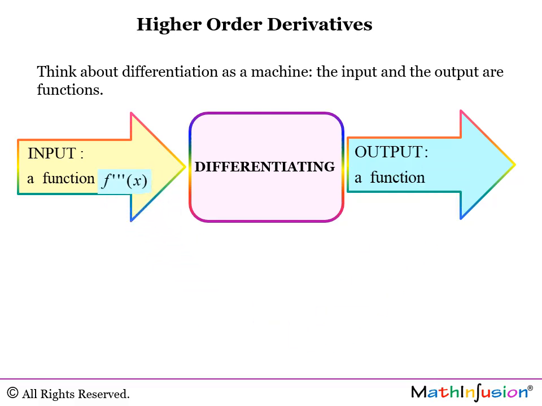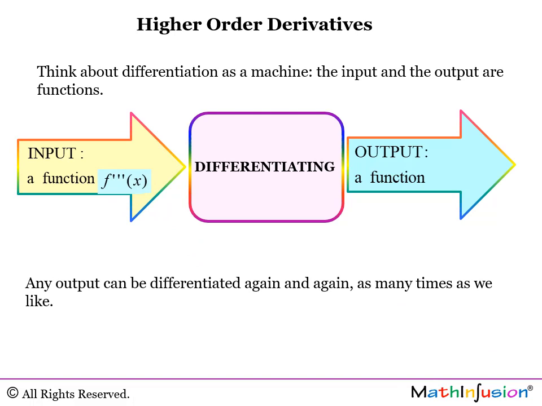And again and again. Most functions that we know, like polynomial and rational functions and exponentials and logarithmic functions, really can be differentiated again and again, as many times as we like.